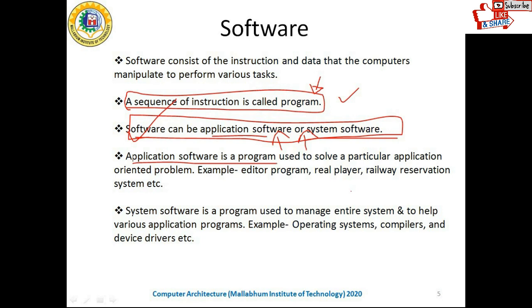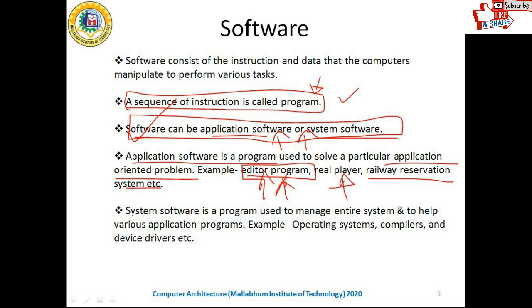So application software is a program used to solve a particular application oriented problem, like your railway reservation system program, your editor program such as Notepad or WordPad, or your music player. That is an application oriented program. The program is written and the software is designed depending on it, an exe file, so that file is run for a particular operation.